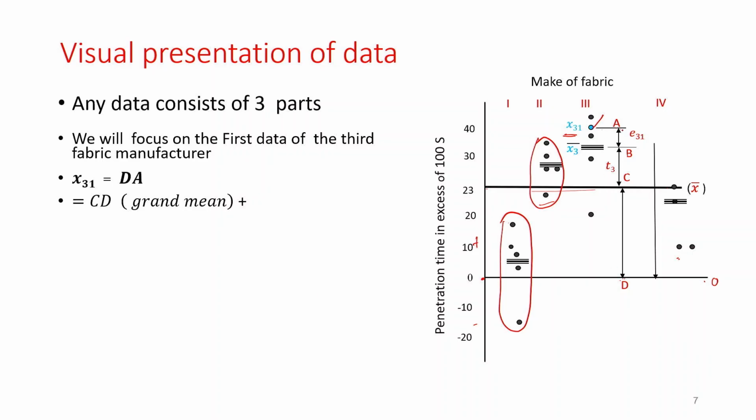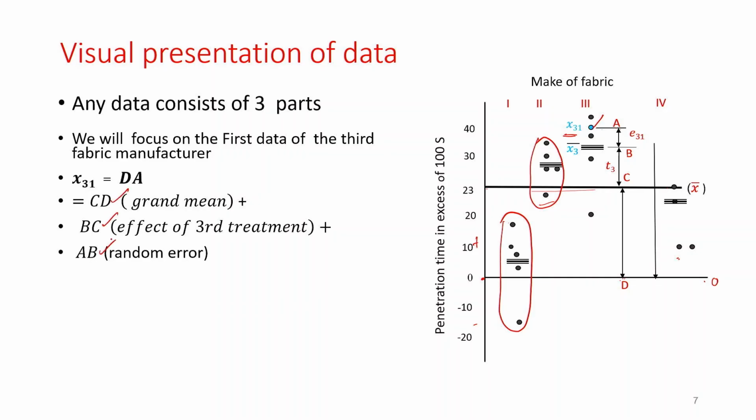So from D to A, this is what is representing X31. And this DA, we can see it has 3 parts. We can split DA into CD plus BC plus AB. So CD plus BC plus AB.